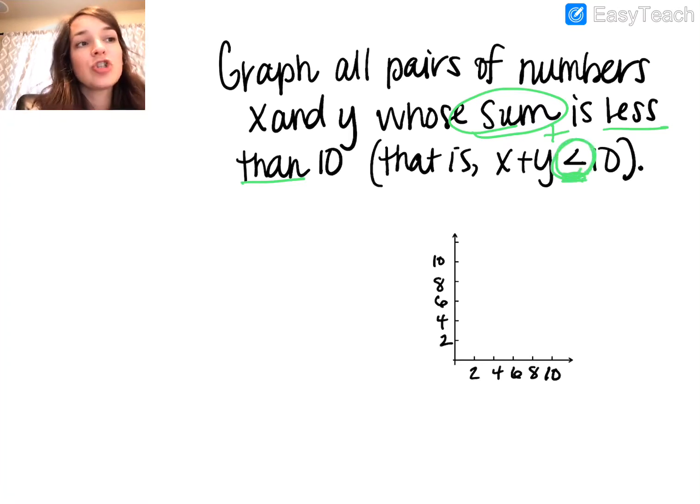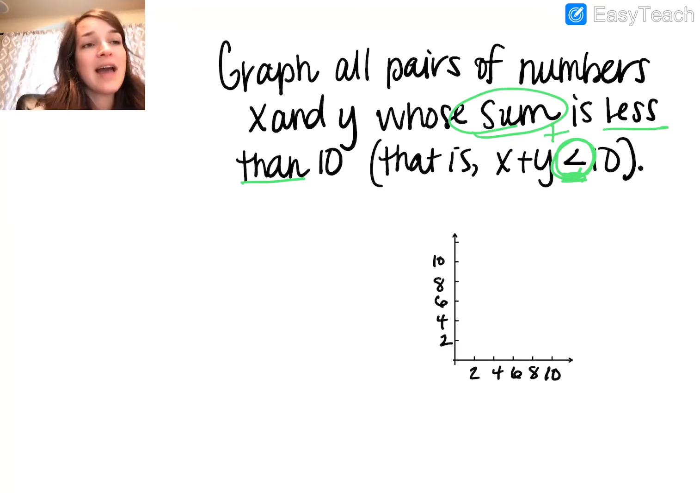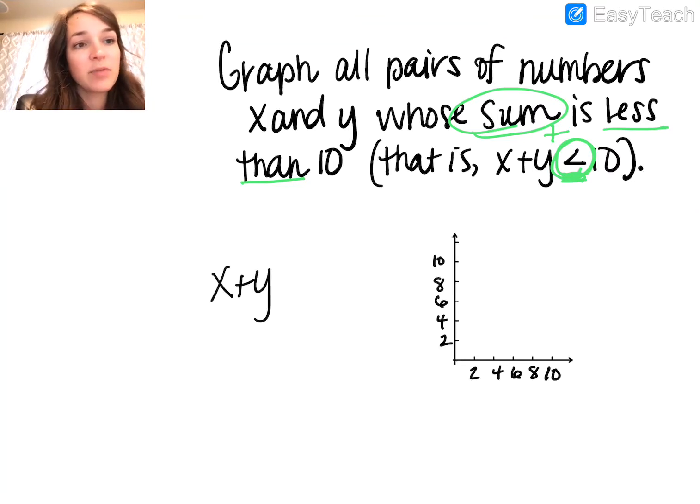So we want to pay attention to those words. That means we are writing the equation, which I already have up there, but it should be x plus y is less than 10. If I hadn't given it to you, you could have used your context clues to get there. So now what I'm doing on the graph is asking what x and y values can add up to give me 10?